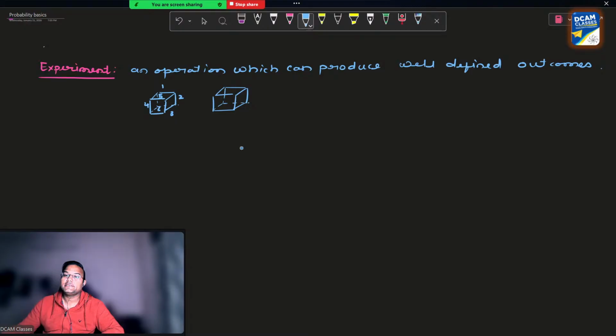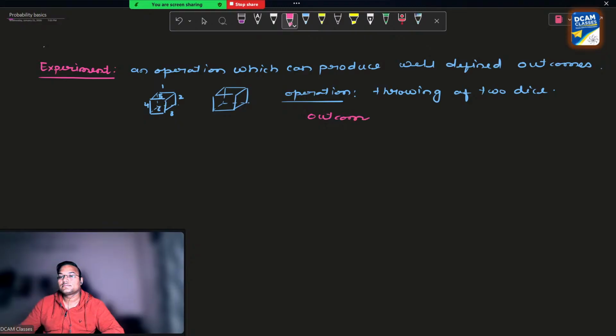How many cases can you form? This is an operation. The operation is the throwing of two dice. It will have well-defined outcomes, means numbers.